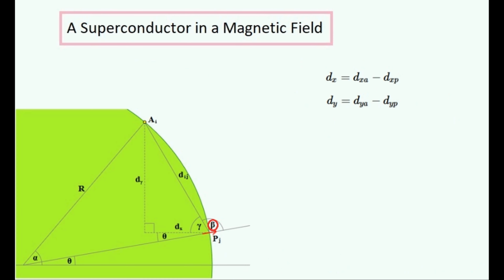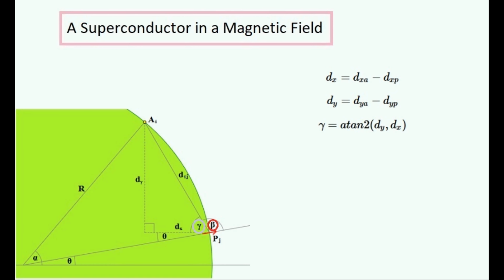After zooming in, we'll need to find the angle beta. This is necessary to calculate the magnetic field at A due to P. To do this, we'll find the vertical and horizontal components of the distance between them. We'll also index these quantities. A will be indexed with I and P with J.